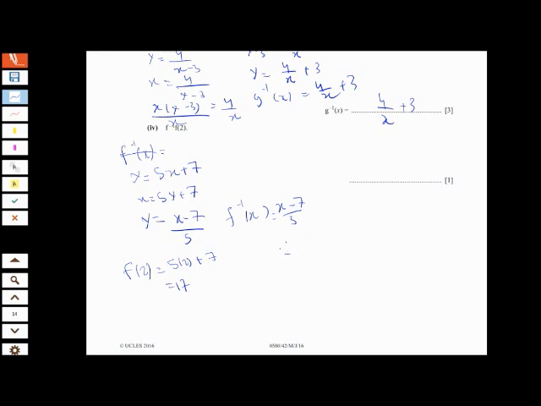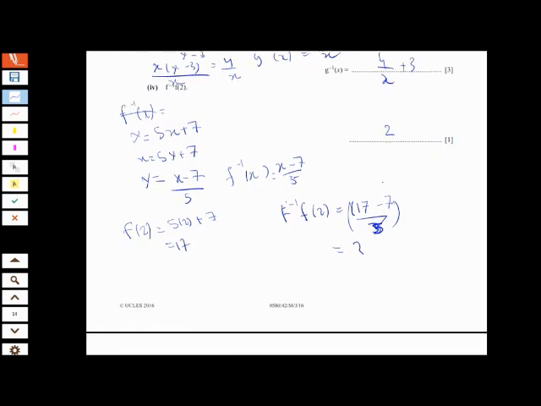And so you put f inverse of f2 equals 17 minus 7 over 5, which is 10 over 5, sorry. This is 5, which is 2. That is your answer too.